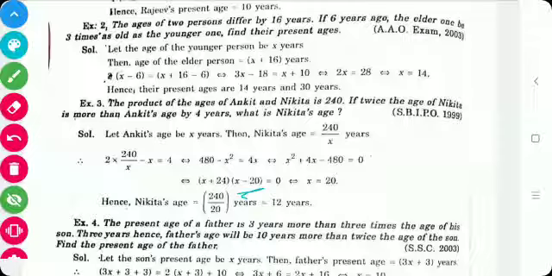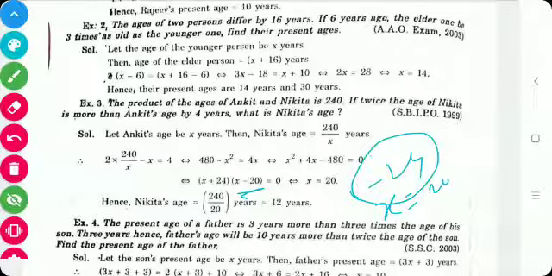So here x may be minus 24 or x may be 20. But as we are solving problems of ages, the age is not negative, that is why the value of x is 20. Hence Ankit's age is 20 and Nikita's age is 240 upon 20, which is 12 years.